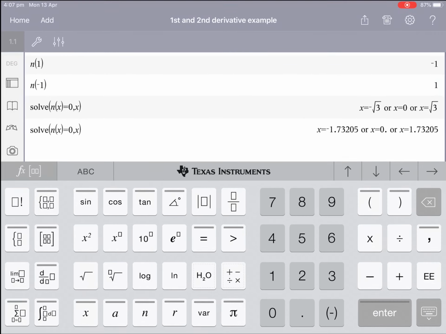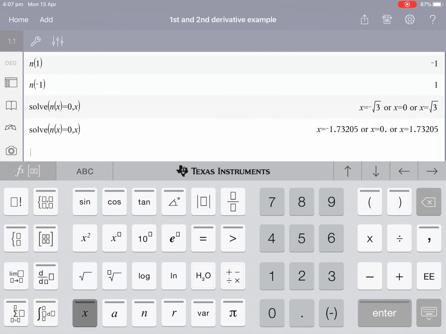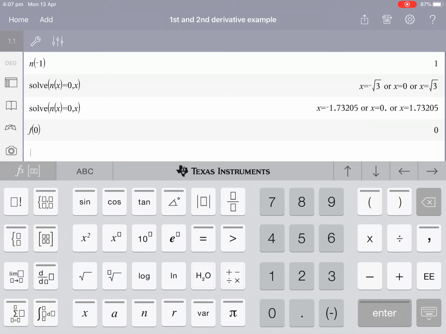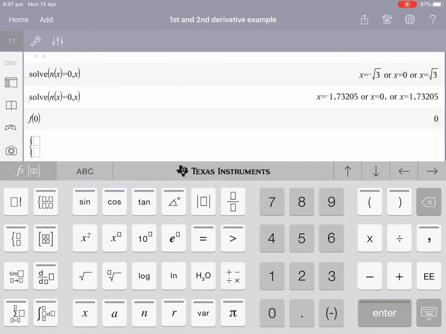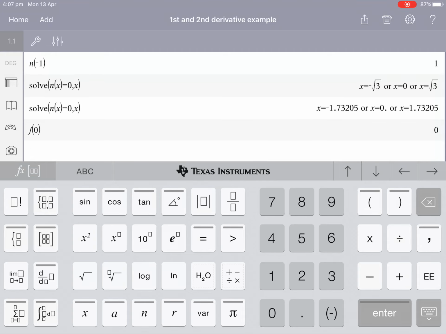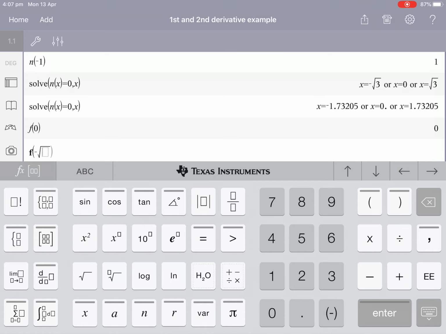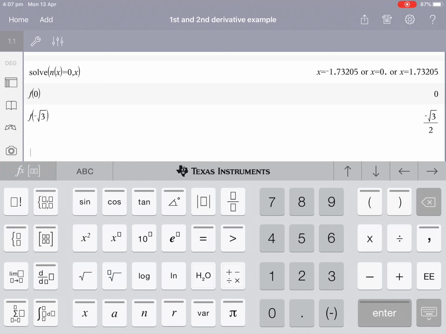All right, what does the original graph equal at 0? Let's find that out. Go back to my calculator. What does f of 0 equal? It equals 0, so I've got the coordinate (0, 0). What does f equal at -√3? It equals -√3 on 2.